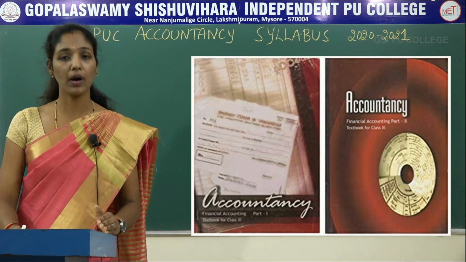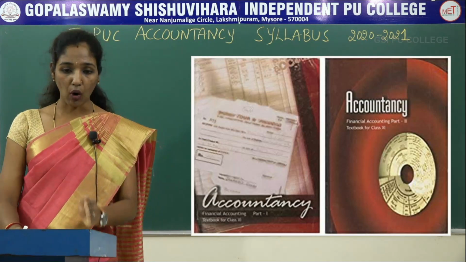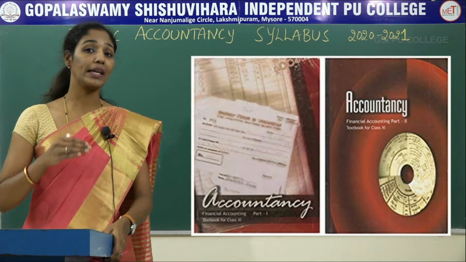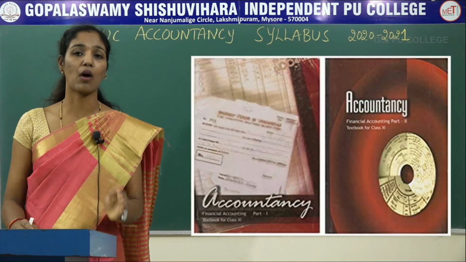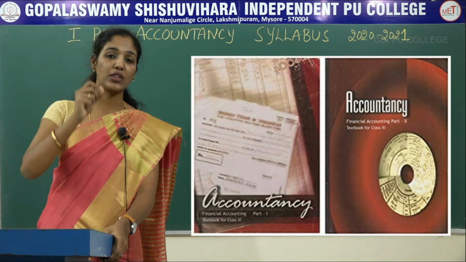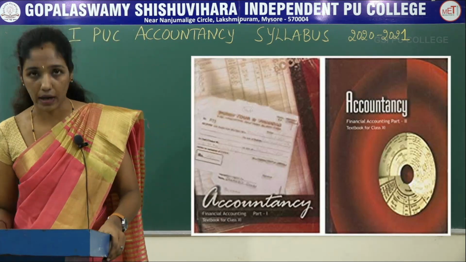So for this purpose, we need accounting. If you record each and every transaction of the business, then we can easily borrow a loan from any bank by submitting accounting records and required documents. So we need to record each and every transaction of the business in our books of account.